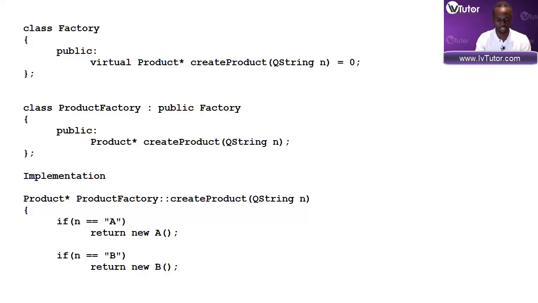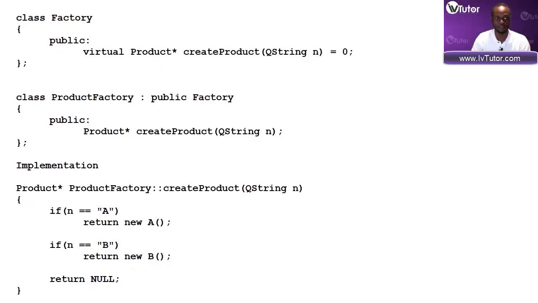I can then maybe just go, if it's not n of these, just return a null value. And this would be my implementation of my factory method design pattern. So that is basically how you apply the factory method design pattern. You have to understand that the most crucial thing is to provide a function which returns an instance of type product.